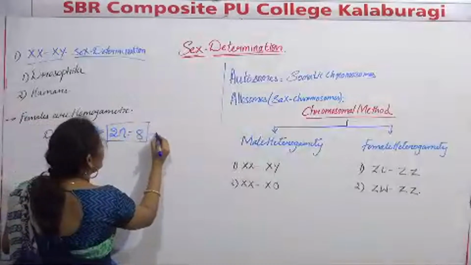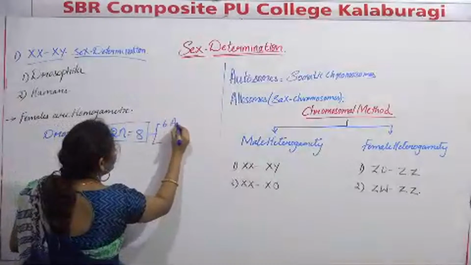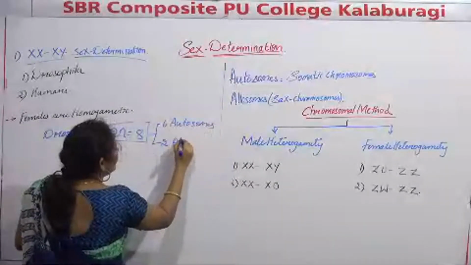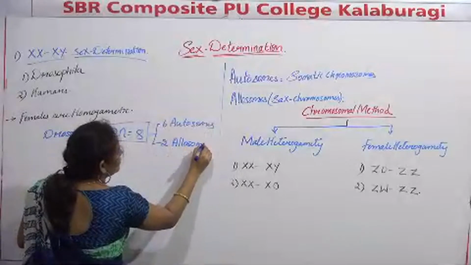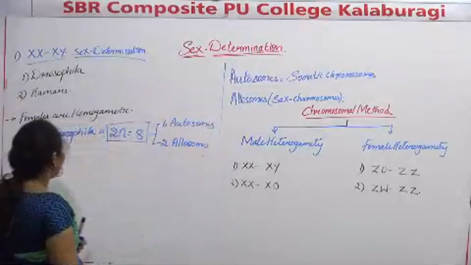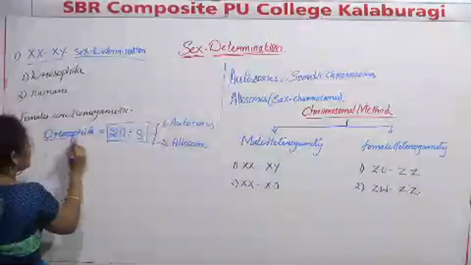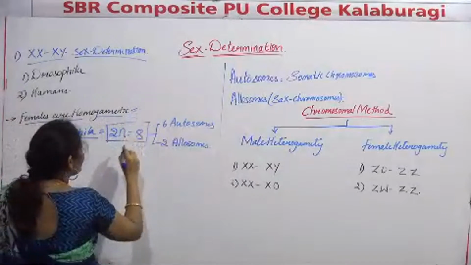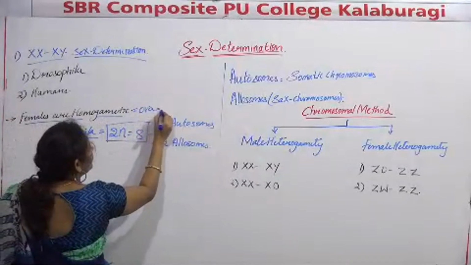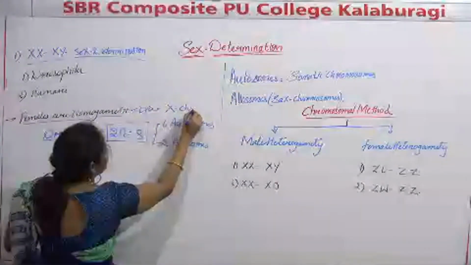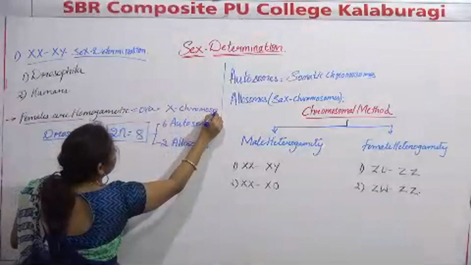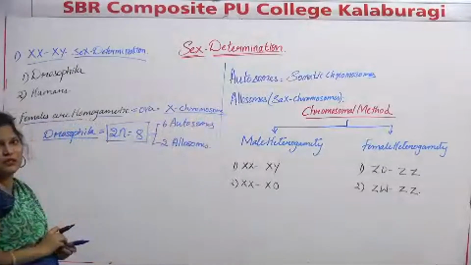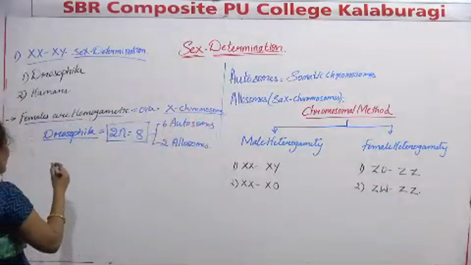Out of these 8, 6 are autosomes and 2 are allosomes. So all the ova carry one X chromosome, that means 3 autosomes plus 1 X chromosome.